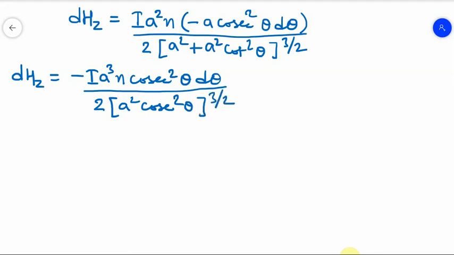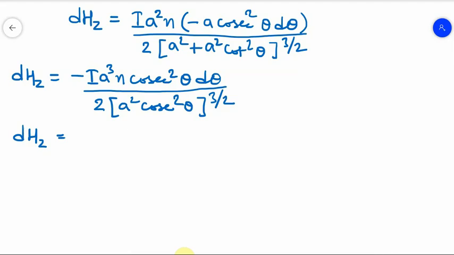So this a cube can be cancelled out because here it is power 3 by 2, and the 2 remains.